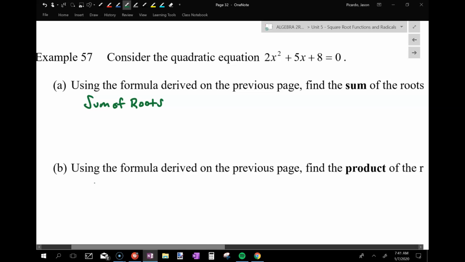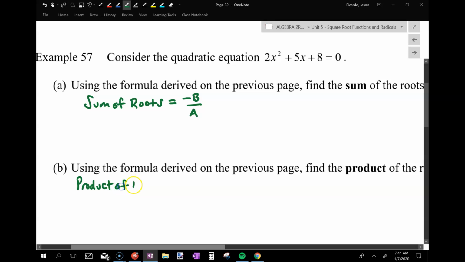So I'm going to use this little trick. The sum of the roots is always equal to negative b over a. The product of the roots is always equal to c over a.